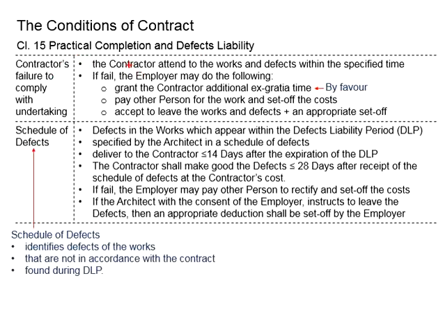First, the employer can choose to grant additional time to the contractor so that the contractor can rectify the work, and this is considered a favor given by the employer to the contractor. This is not compulsory for the employer, but in case the employer chooses to give this favor in terms of additional time, the employer can do so.